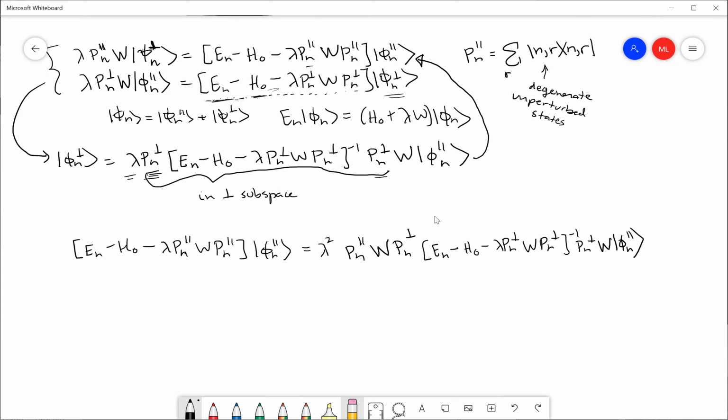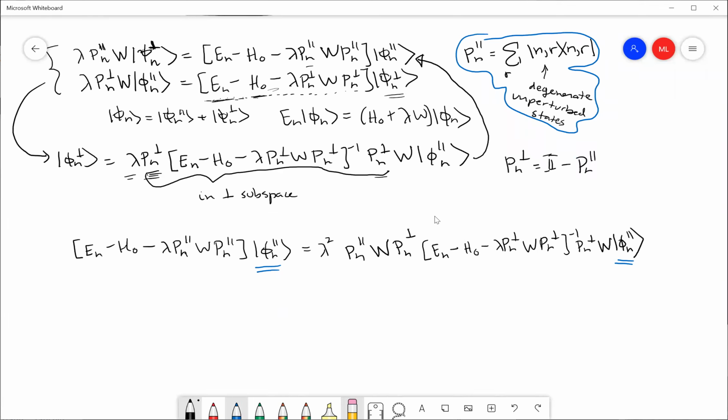Okay, and this might not look any better, but it is better because look, we just have something that lives in the parallel subspace on both sides and nothing else. Everything else is just operators. We know what these operators are. They're these guys. And similarly, Pn perp is the identity minus Pn parallel.